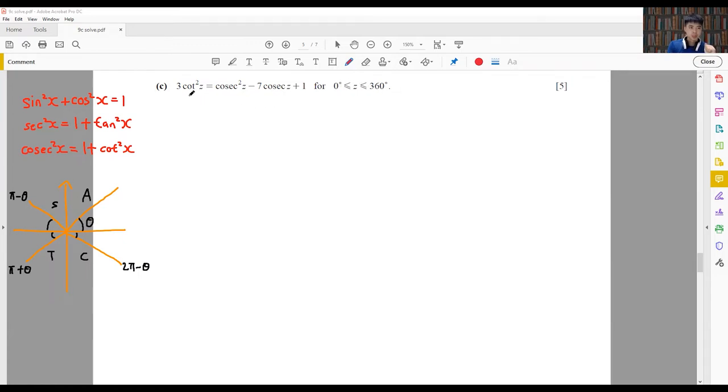What I can do is convert this using this trigonometric identity into cosecant as well. I would have 3 times cosecant square z minus 1, since cot square is cosecant square z minus 1, equals cosecant z minus 7 cosecant z plus 1.